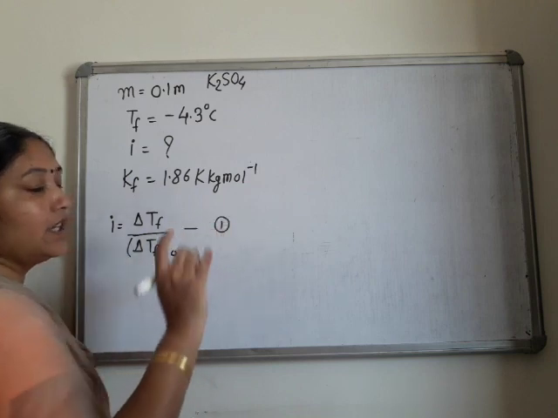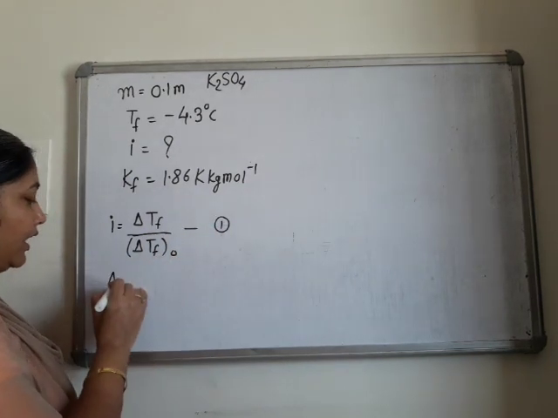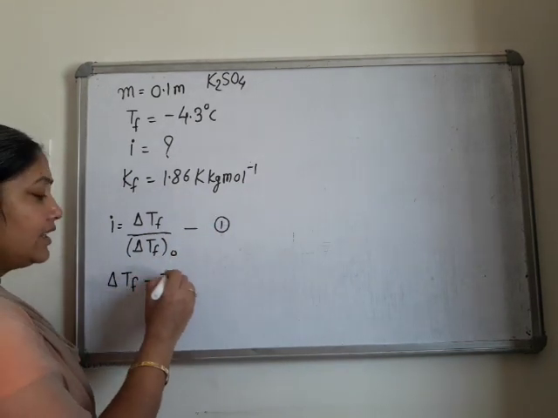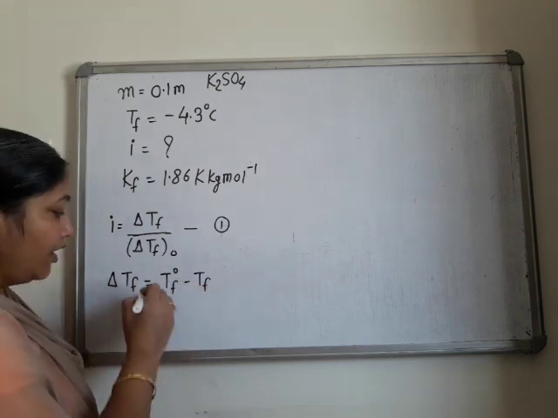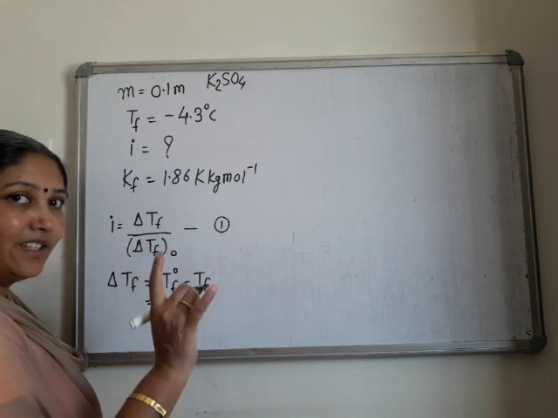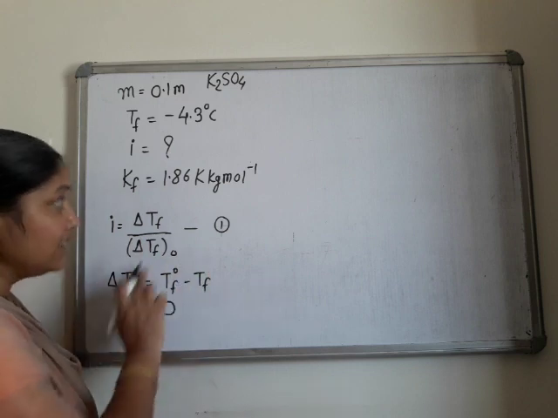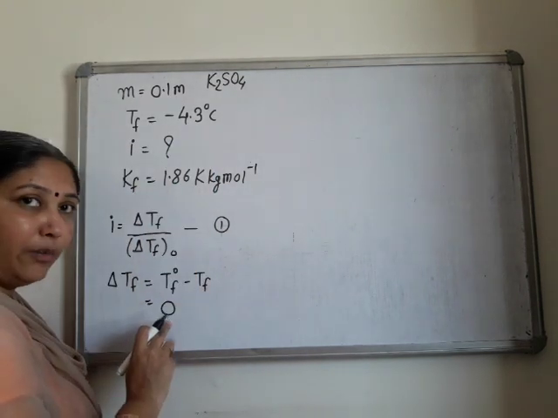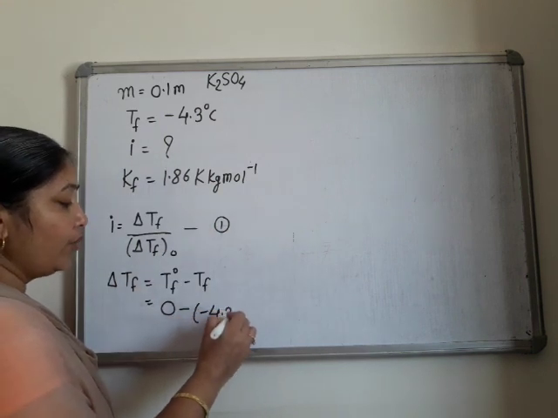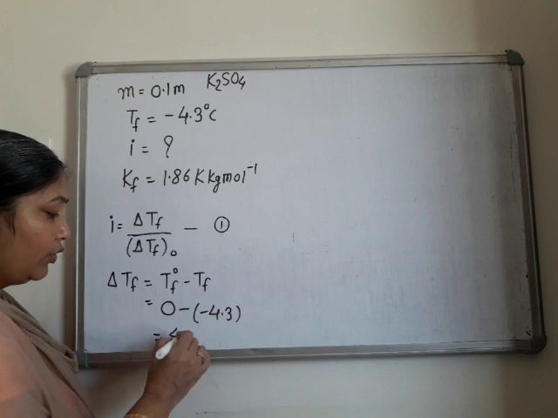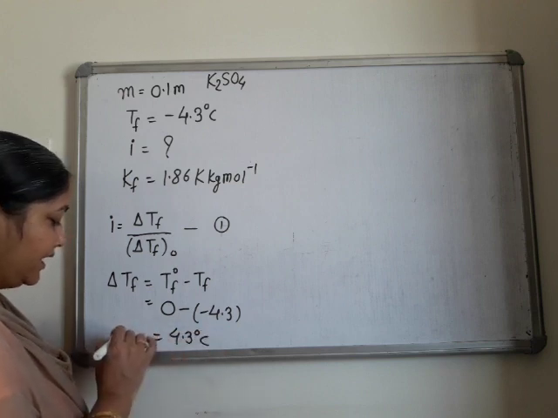We will call this equation number 1. So delta Tf is equal to Tf naught minus Tf. What is Tf naught? It is given in degrees Celsius, so I will keep it as it is. 0 minus (minus 4.3) is equal to plus 4.3 degrees Celsius.